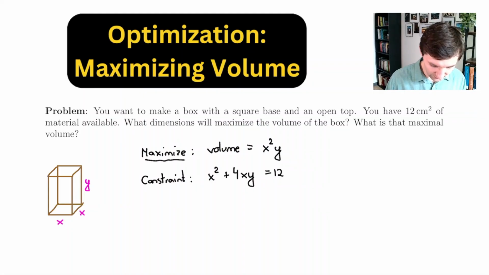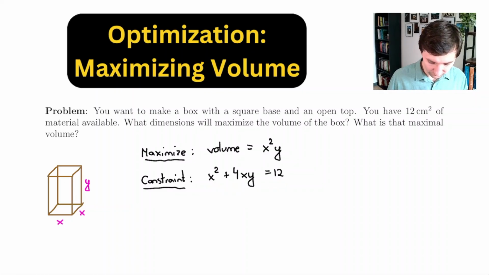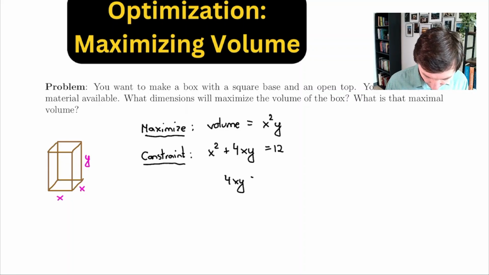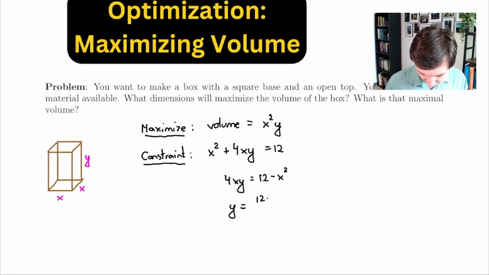Let me use the constraint to rewrite my function for the volume in terms of only one variable. Let me solve this equation for y. I first subtract x squared from both sides, and I get 4xy equals 12 minus x squared. Then I divide both sides by 4x, and I get that y equals (12 minus x squared) divided by 4x.